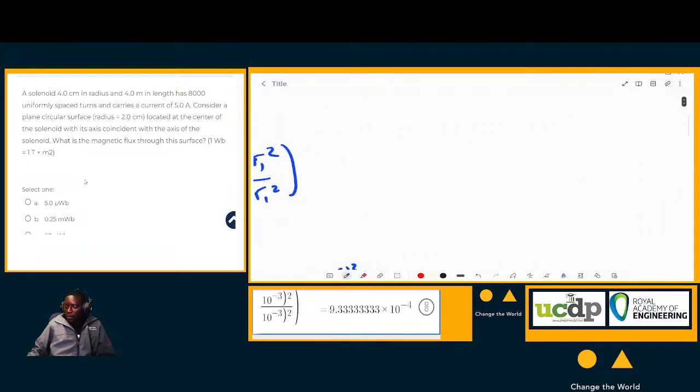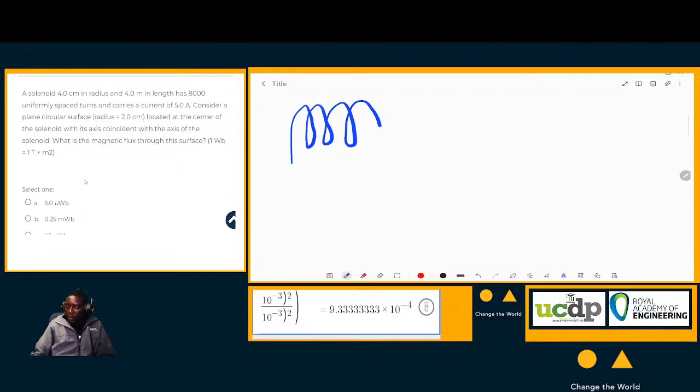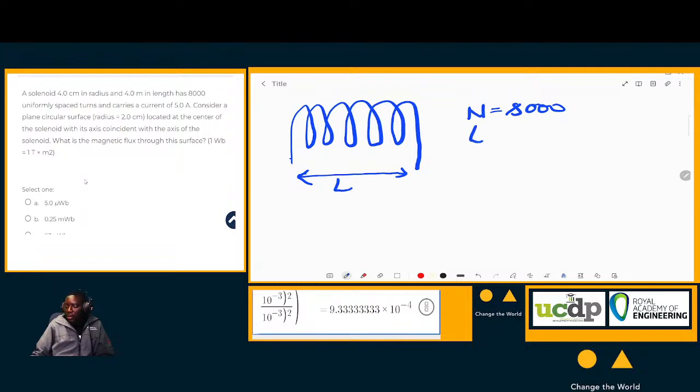So we have something like this. Okay. So with the number of turns there, N is 8,000. Then the length of a solenoid is given by that, L. And this is just 4 meters.